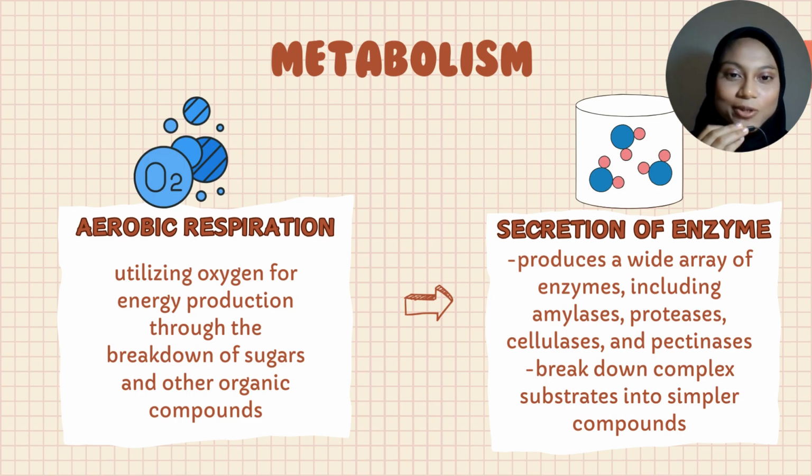Here is the metabolism of the microbe. One, aerobic respiration. It utilizes oxygen for energy through the breakdown of sugars. The second one is the secretion of enzymes. It produces a wide variety of enzymes and breaks down complex substrates into simple compounds.